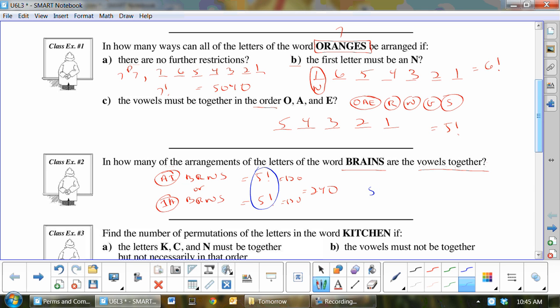Could you go 5 factorial times 2? Okay. Now, if there was 3 letters, I would have gone 5 factorial times 6. If there was 4 letters, I would have gone 5 factorial times 4 factorial.